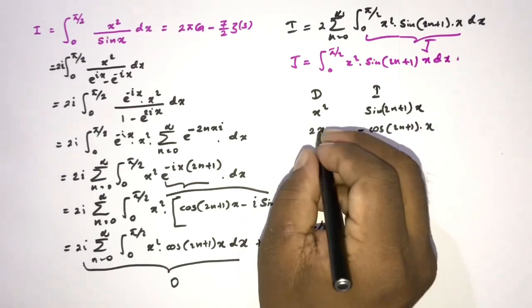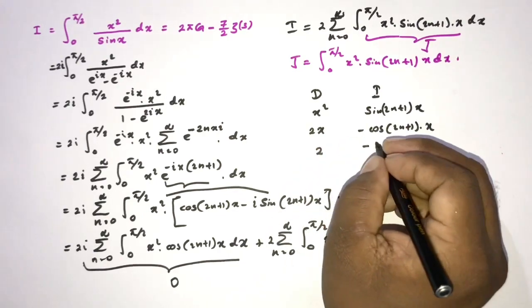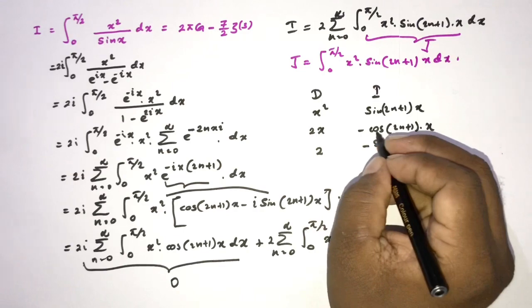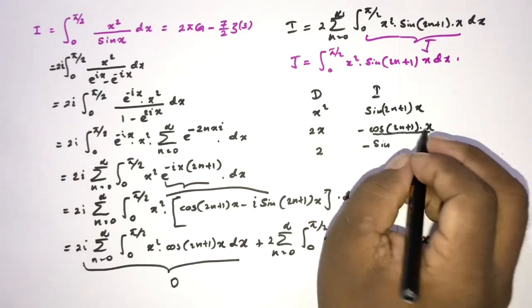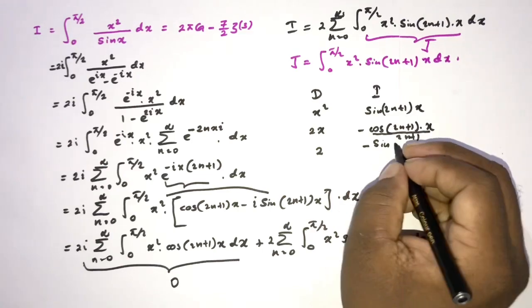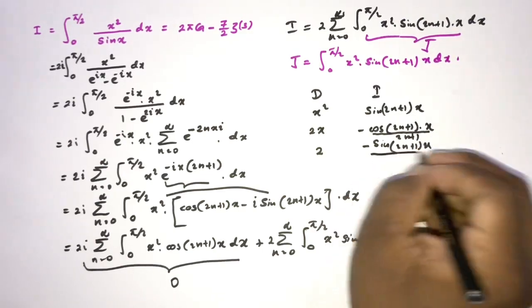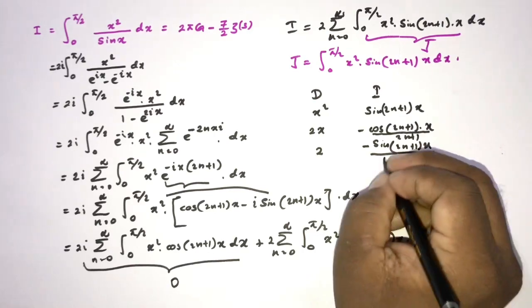Then the derivative of 2 times x is 2. Here for the integration we should divide by the coefficient of x, so 2n plus 1. Now here sine of 2n plus 1 times x over 2n plus 1 squared.